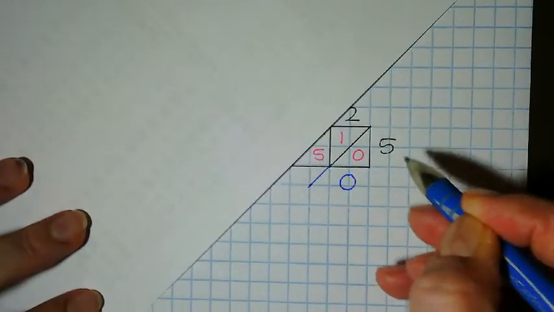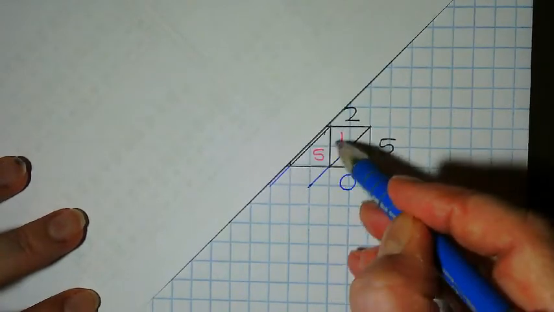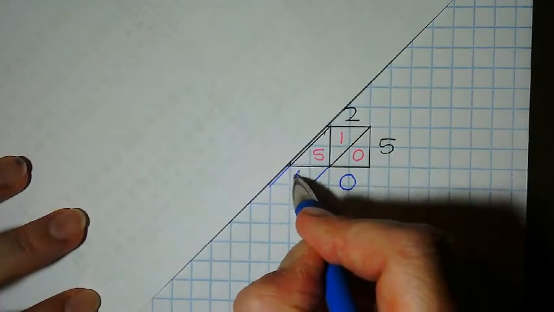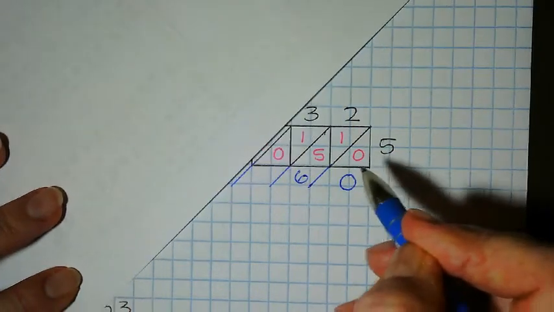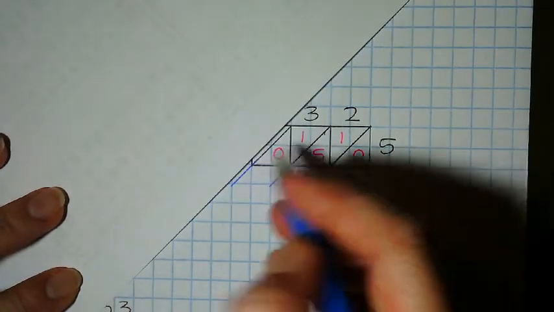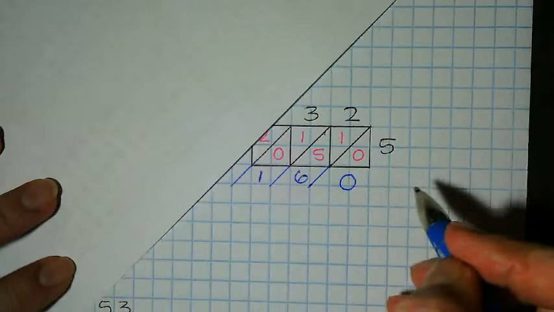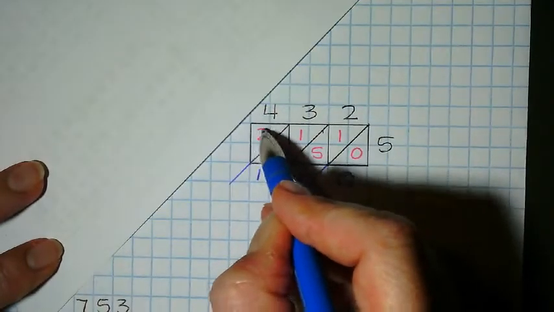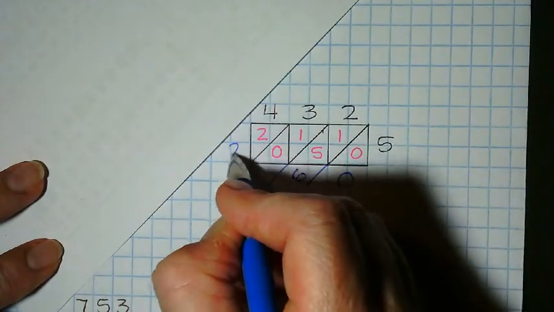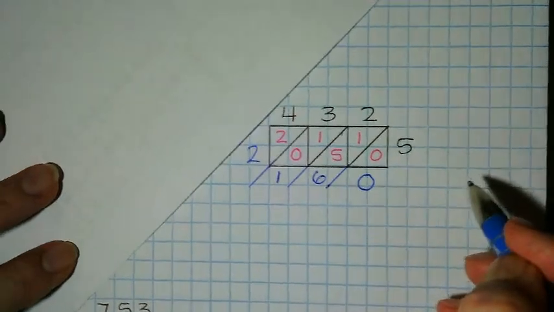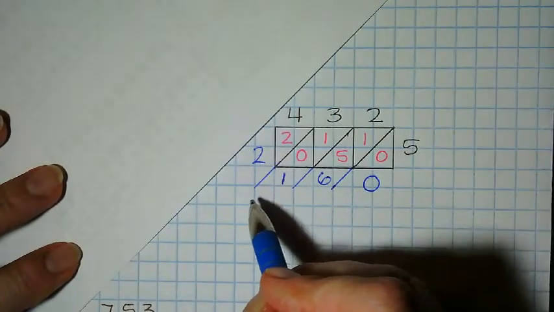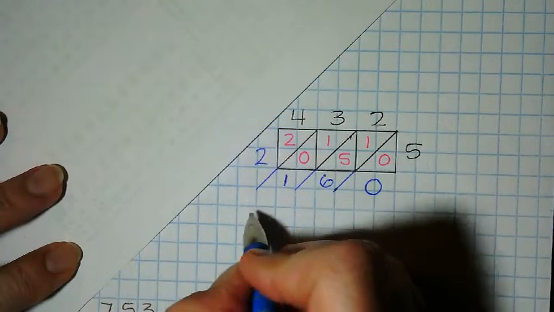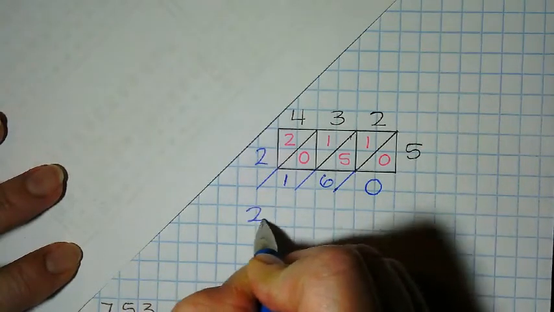Okay, the next diagonal lines, 5 plus the 1 is going to be 6. The next one is going to be 0 plus the 1 is going to be 1. And then the 2, you can see it's the only one there, so I'm going to write it in the same diagonal.